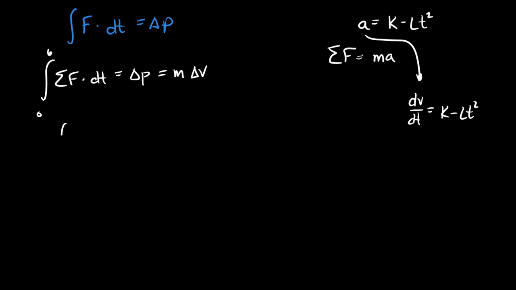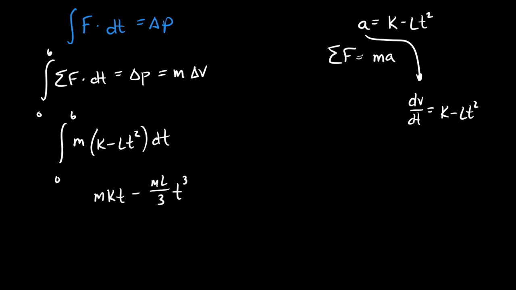So to do it this way, I went ahead and subbed in m times (k minus L t squared) dt, evaluated from 0 to 6 seconds. They gave us m, k, and L. We can put those in later. When you take the antiderivative, you're going to get mkt minus mL over 3 t cubed, evaluated from 0 to 6.